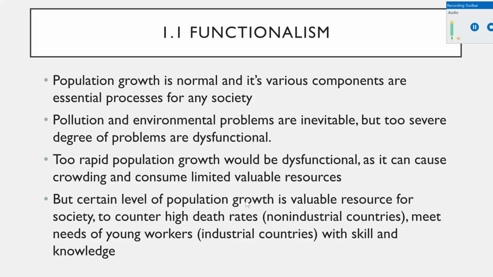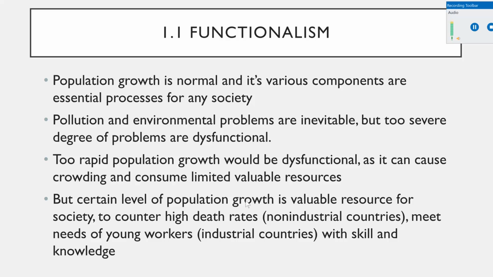Too rapid population growth would be very dysfunctional because it may not meet the needs of the society, and crowding and consuming limited resources like limited coal or gas will result in negative consequences. Certainly population growth is very valuable to create and maintain the society.